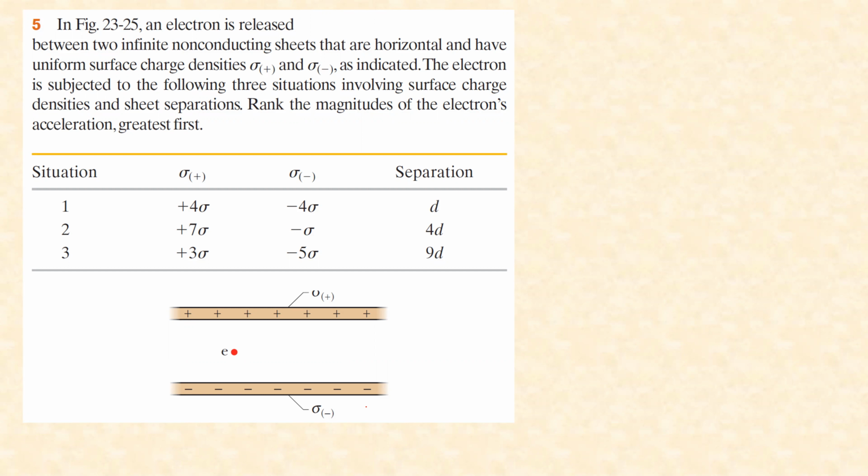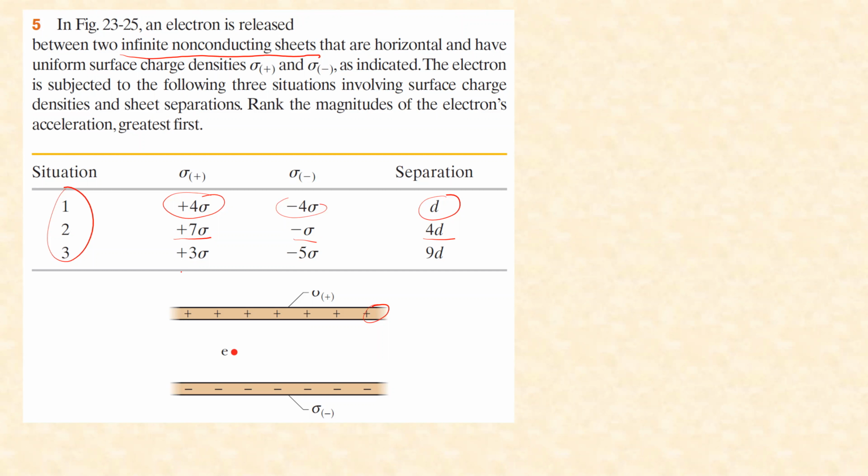So there are 3 situations, 1, 2, 3, as you see here. In situation 1, sigma plus is positive 4 sigma, a certain value of sigma, and negative 4 sigma for sigma minus, and the separation of the two infinite non-conducting sheets is D. In situation 2, we have 7 sigma and negative sigma, and the separation is 4D.